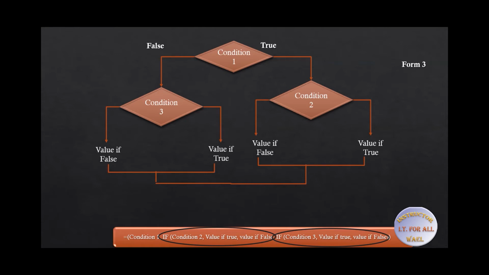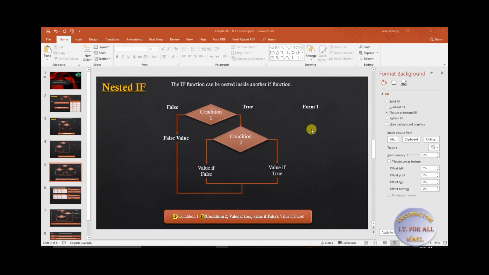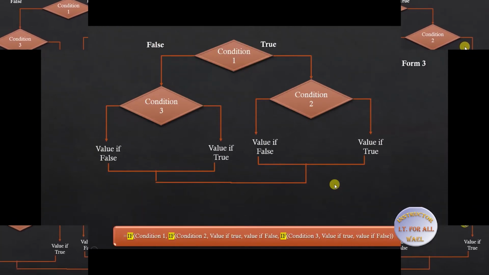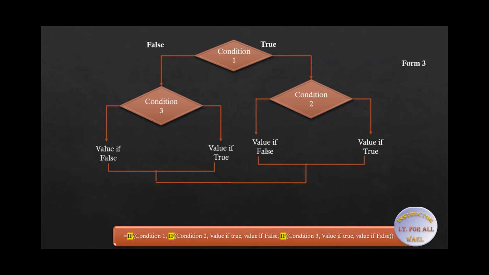How about taking if statement in both true and false? So this is the situation here. The third form, as you can see, is nested if statement in both true and false.